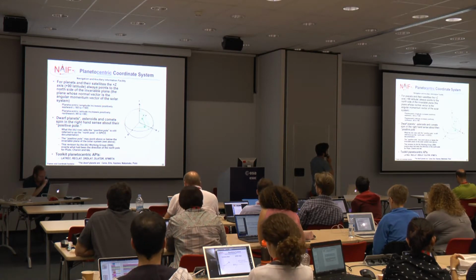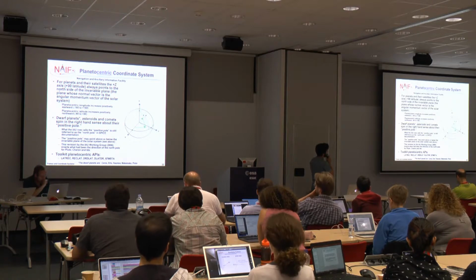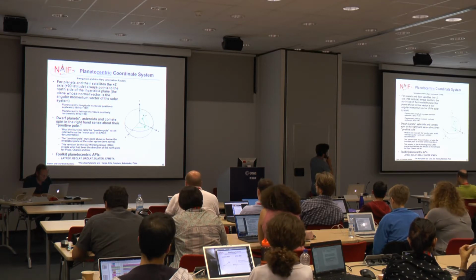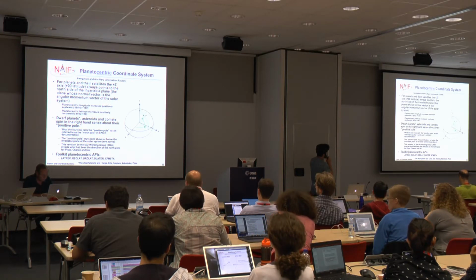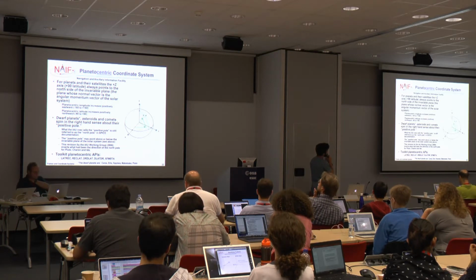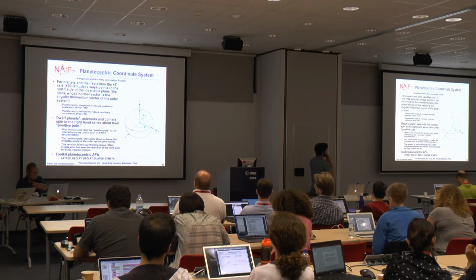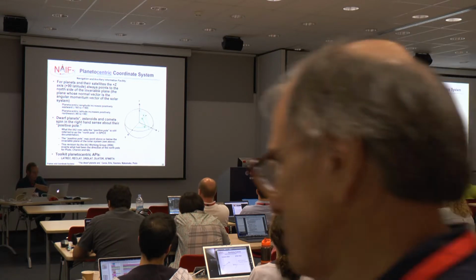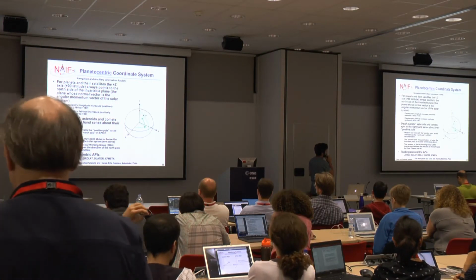Okay. So in this case, for planets and their satellites, the z-axis, that's plus 90 in latitude, with 0 being in the xy plane, points to the north side of the invariable plane. The invariable plane is the plane whose normal vector is the angular momentum vector of the solar system.